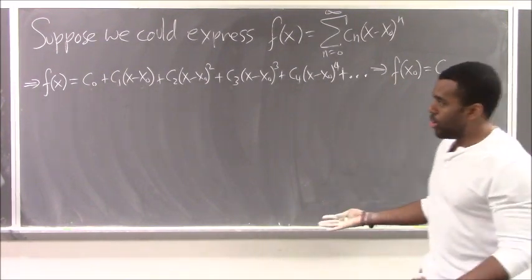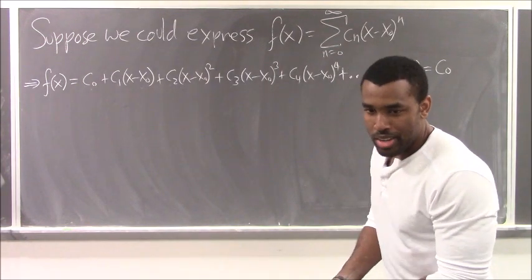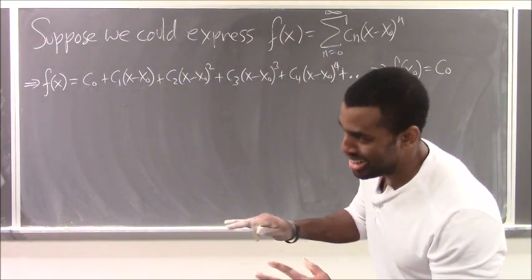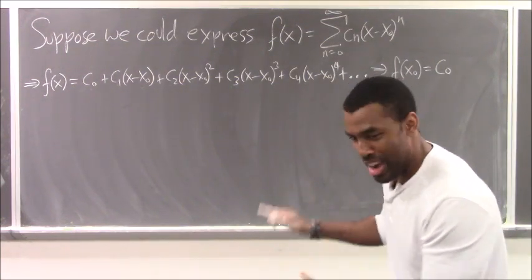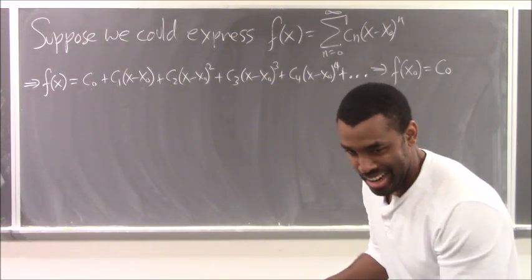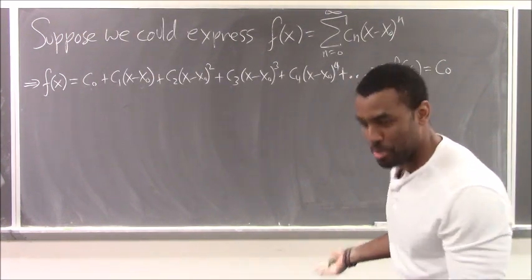Does anyone who does not already know the answer have a really cool idea for how to get to c1? I don't know. Some of you might have seen this before.